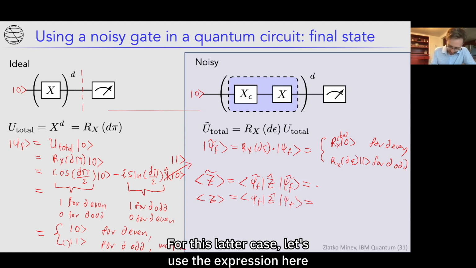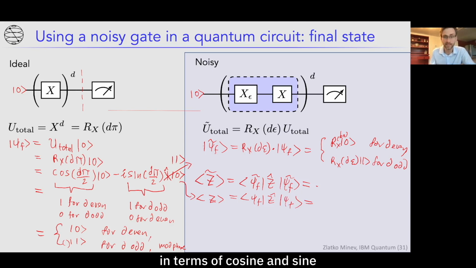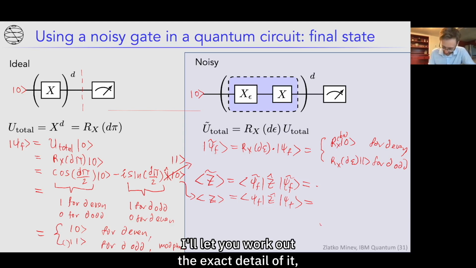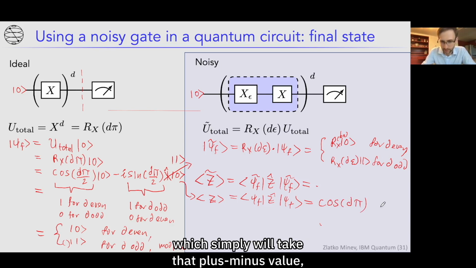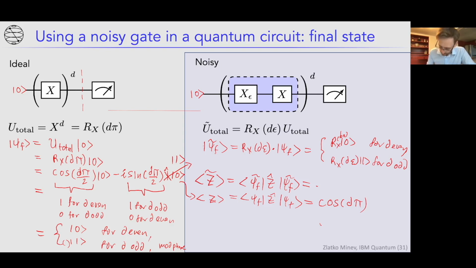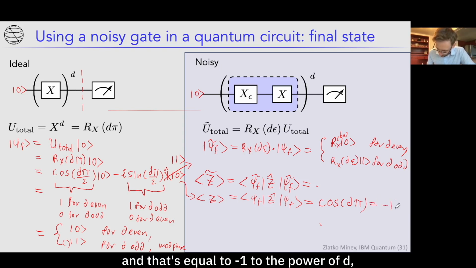For this latter case, let's use the expression here in terms of cosine and sine, since that will handle this for us easily. I'll let you work out the exact detail of it, but you should find that this is nothing other than just cosine of d pi, which simply will take that plus minus value, and that's equal to minus 1 to the power of d, which we saw earlier.